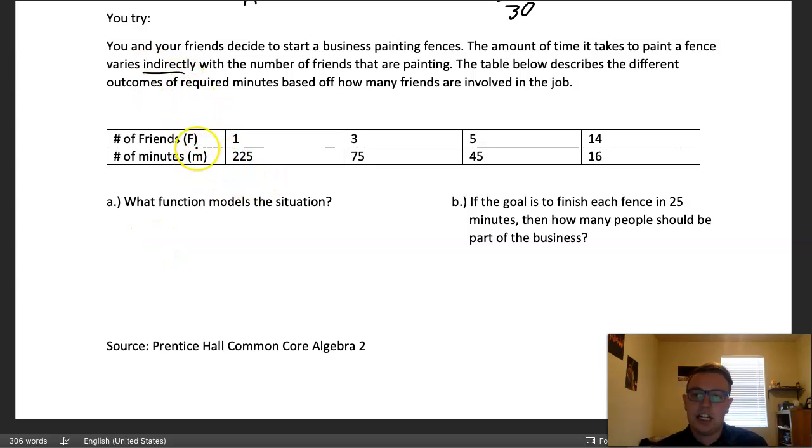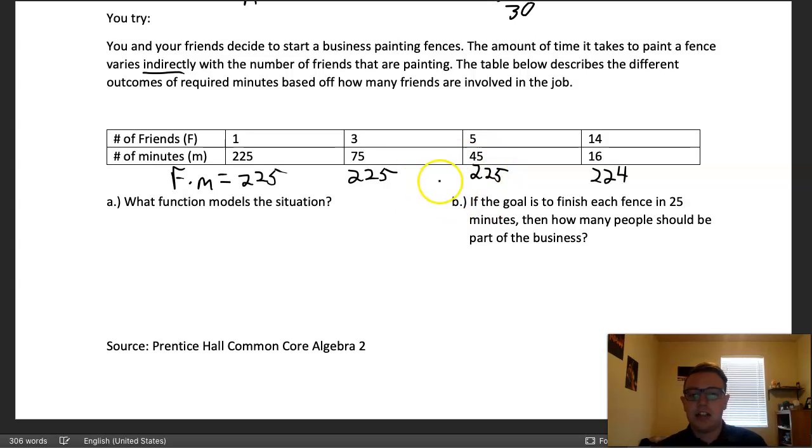So if we know it's varying indirectly or inversely, let's check out what f times m is for each of these. 1 times 225, it's going to be 225. 3 times 75, that's also going to be 225. 5 times 45 is also going to be 225. And 14 times 16 is going to give us 224.